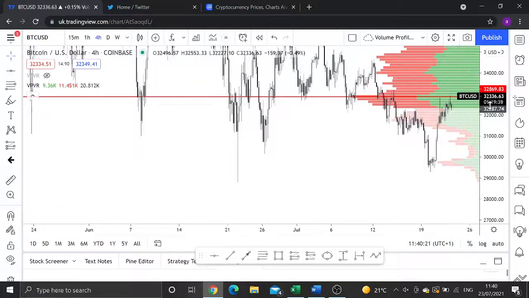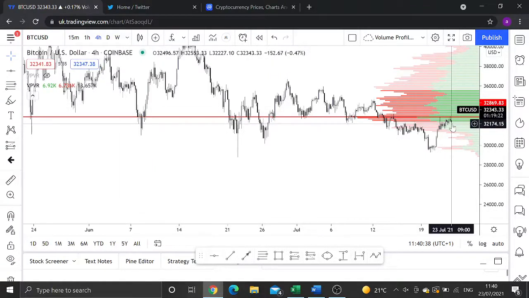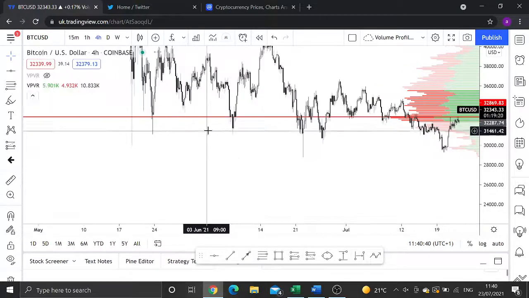The best way to use this tool effectively is to place your starting period on the far left-hand corner here. The first bar candle on the left-hand side will be your starting point, and your end point will be where you currently are. Keep zooming out, it will keep changing.